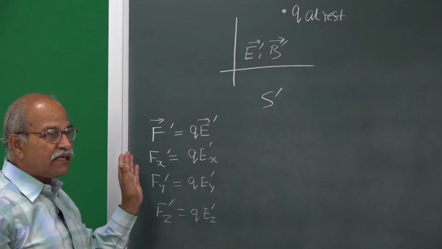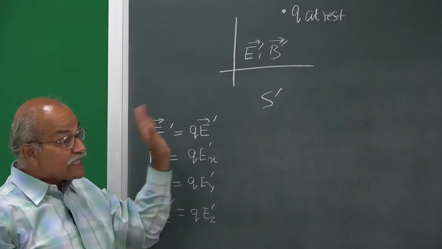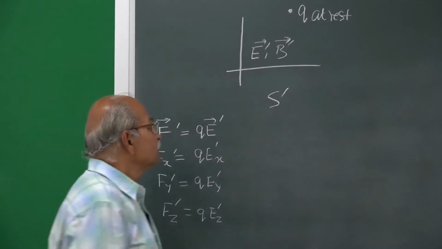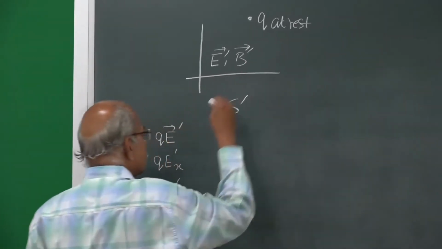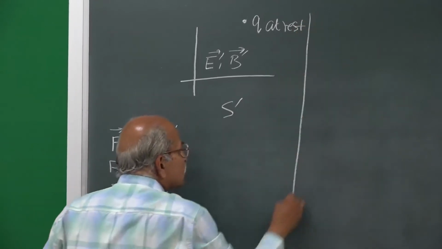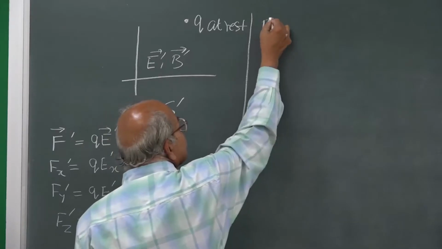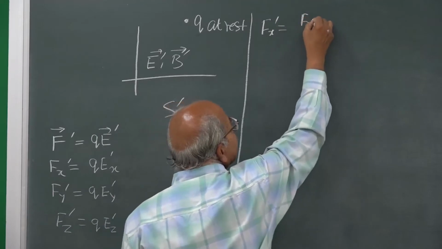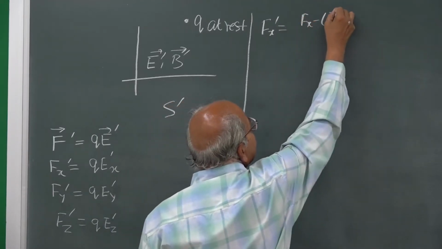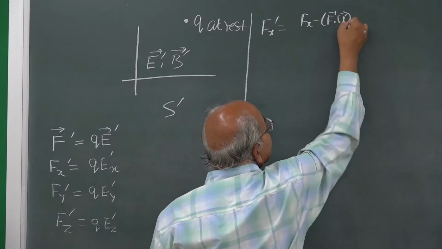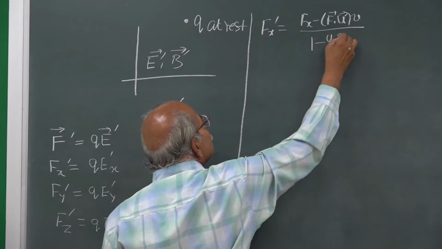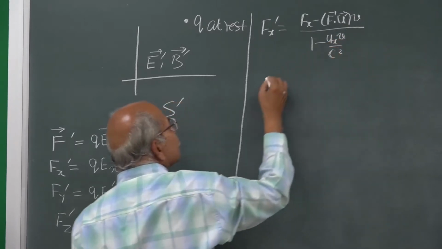Now, you can make transformation to S frame. You remember how to make this transformation? We used force transformation in the previous lecture also. Fx prime is equal to Fx minus F dot u, then v, divided by 1 minus ux v by c square.